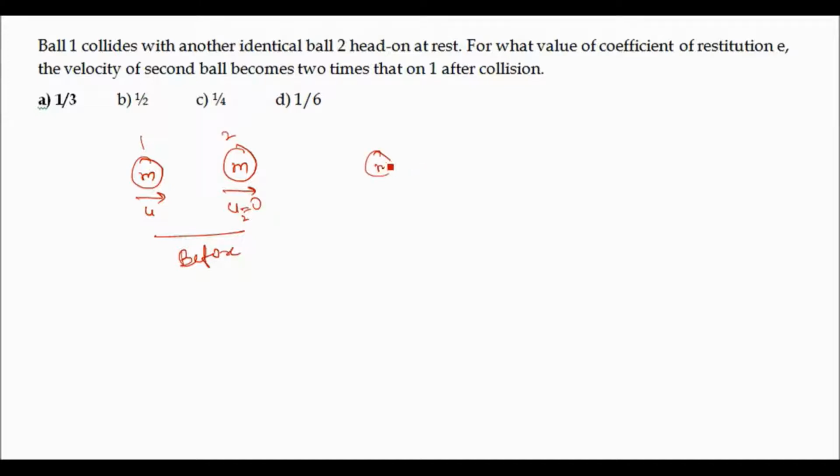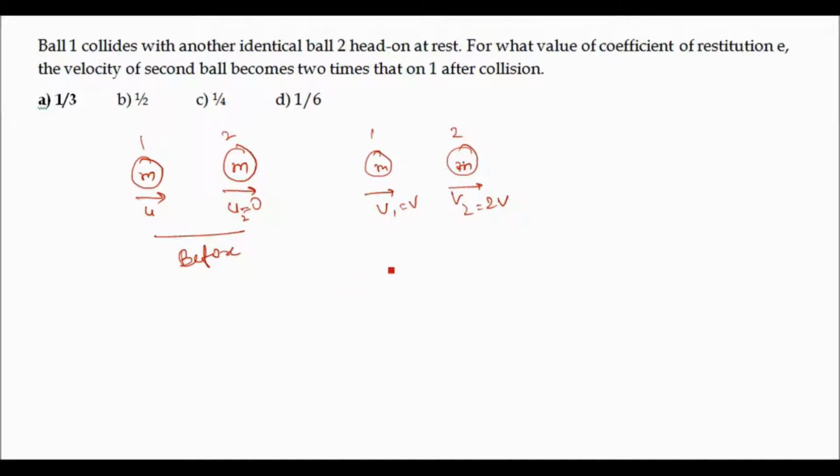So this is the first ball with velocity v, and the second ball with velocity 2v. So we have already drawn the figure that before collision the second ball was at rest, while after collision the second ball has the velocity equal to twice the velocity of first ball. You have to calculate the coefficient of restitution.